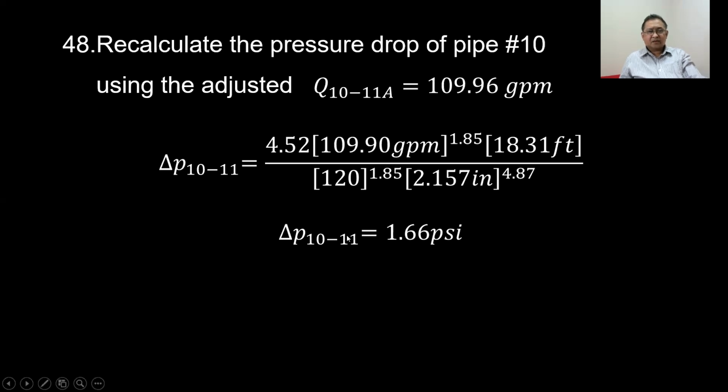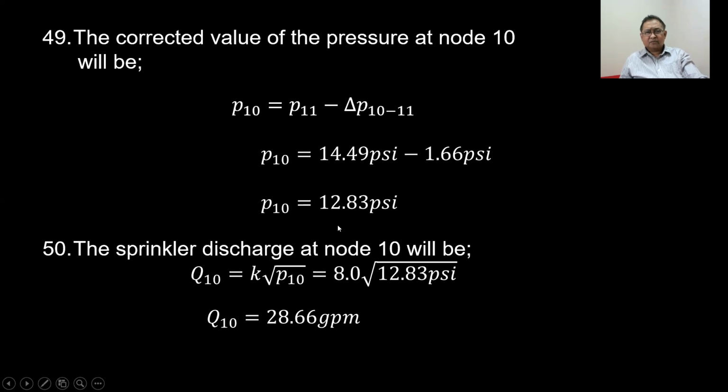And so we can calculate now the pressure drop. So using 109.9 for the pipe between nodes 10 and 11, the pressure drop will be 1.66. And then we are going to go downstream this time.